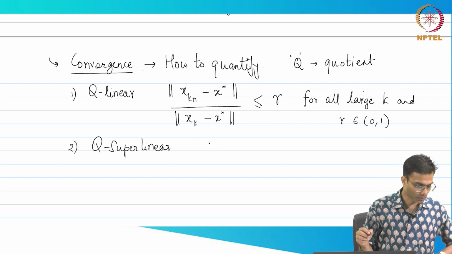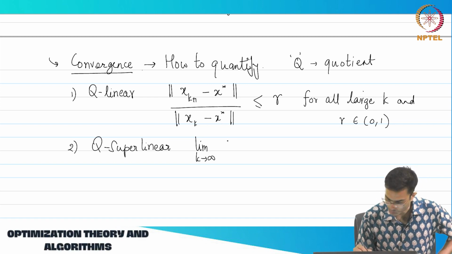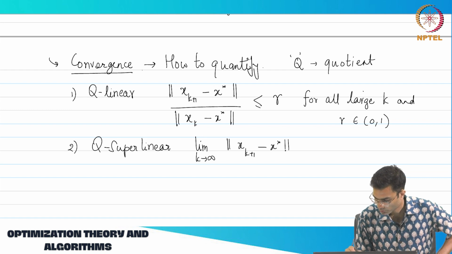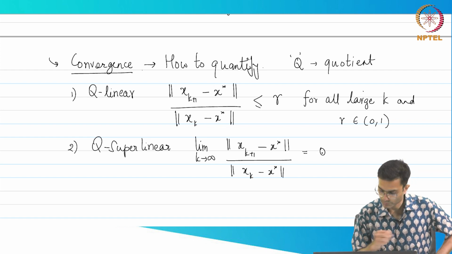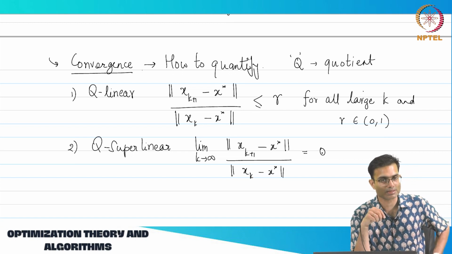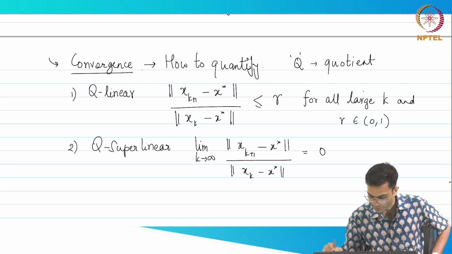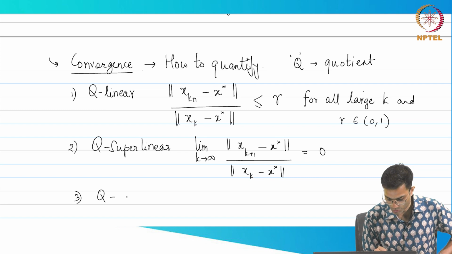So coming to this superlinear rate of convergence, this is similar to the above, except I'm going to take the ratio of the norms, and in the limit as k goes to infinity it is actually 0. If a sequence satisfies this, then I'm going to say that this sequence has superlinear convergence. And the third and final rate of convergence that we will talk about is Q quadratic.